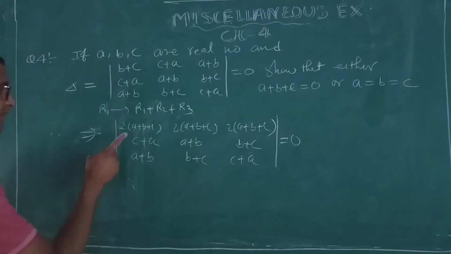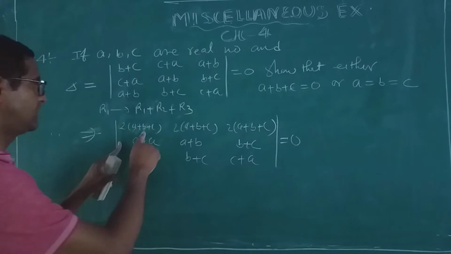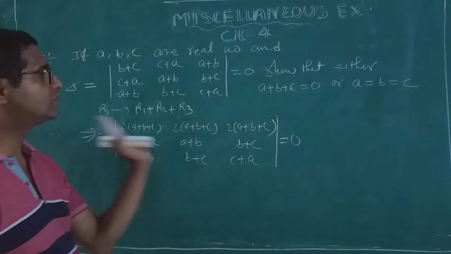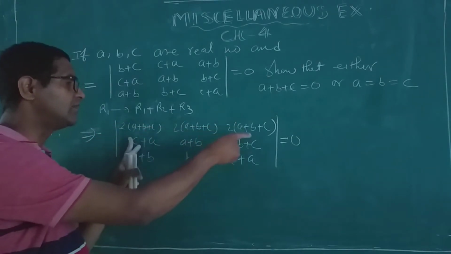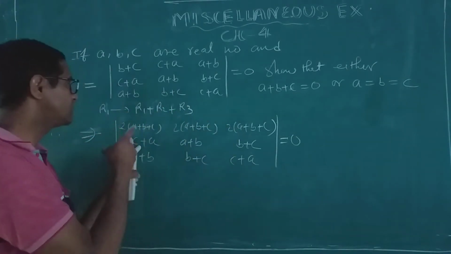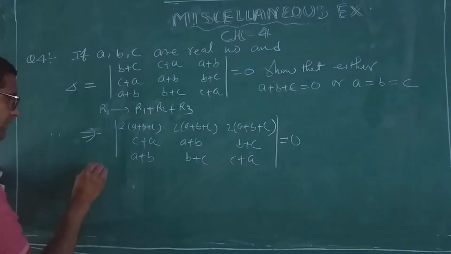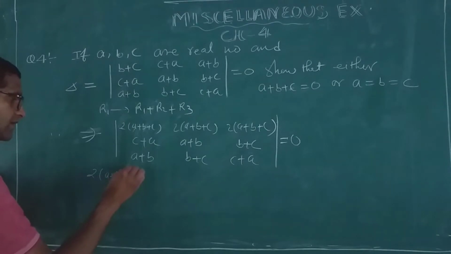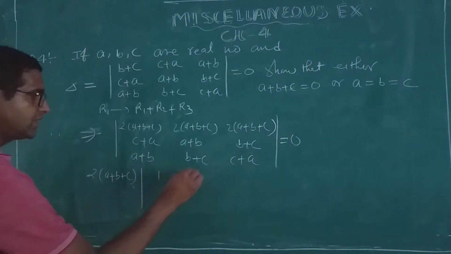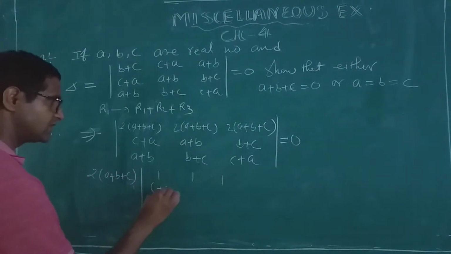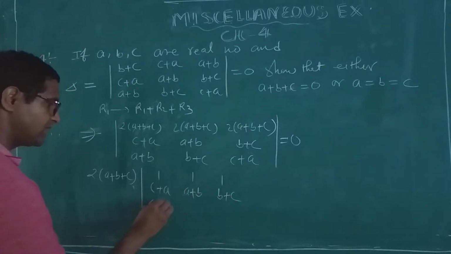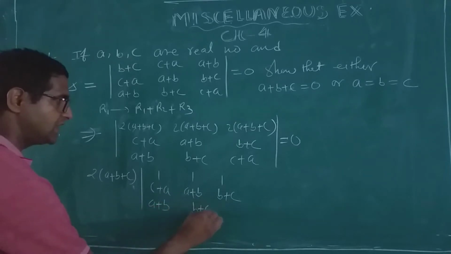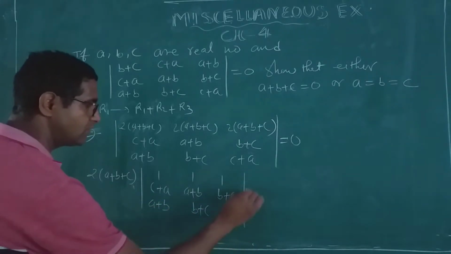Okay. Now since the elements of the first row are identical, the value is common in all elements of the first row. So this value will be common. After taking common, the new form will be like that: 1 1 1; c plus a, a plus b, b plus c; a plus b, b plus c, c plus a, equal to 0.